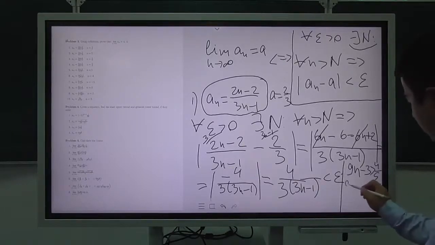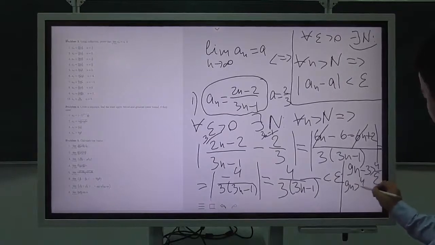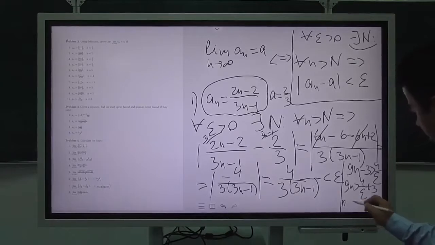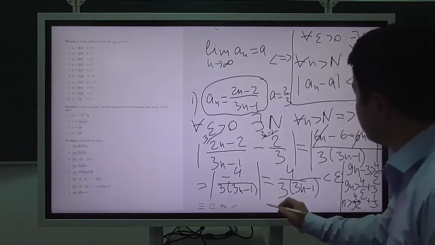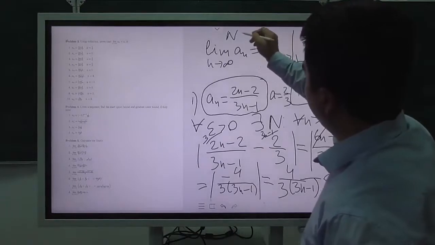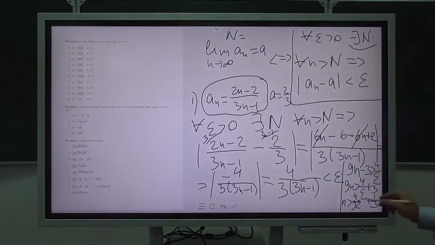Let's find n now. 9n greater than 4 over epsilon plus 3, or, let's divide by 9, n is greater than 4 over 9 epsilon plus 1 over 3. And now we can write our capital N as 4 over 9 epsilon plus 1 over 3.